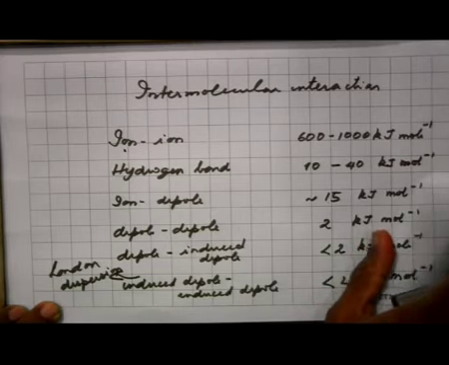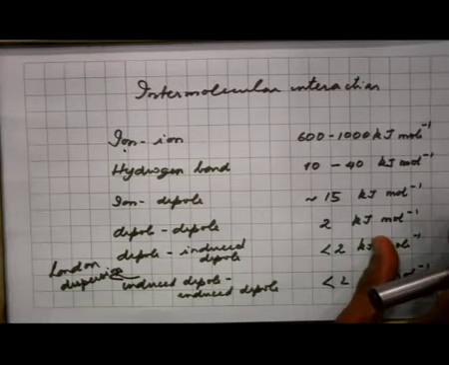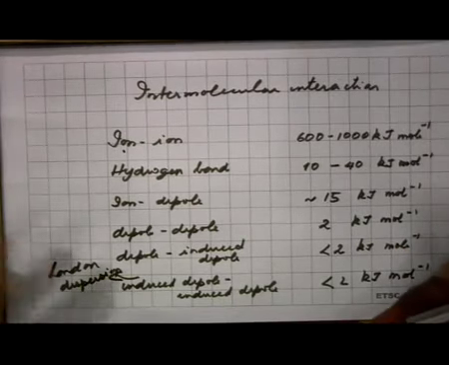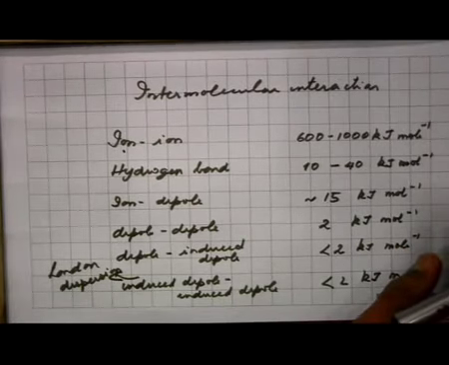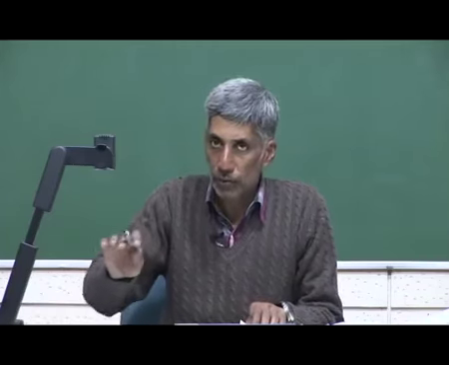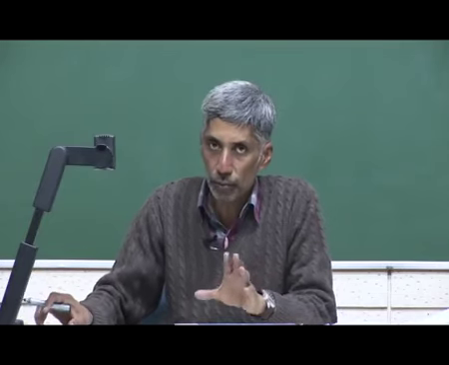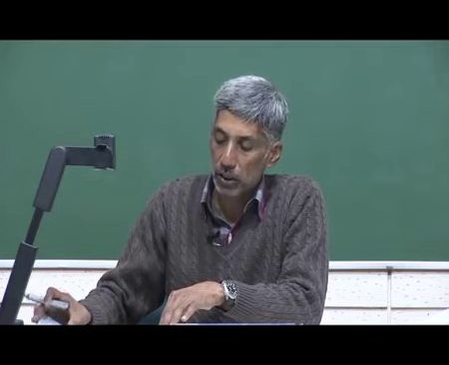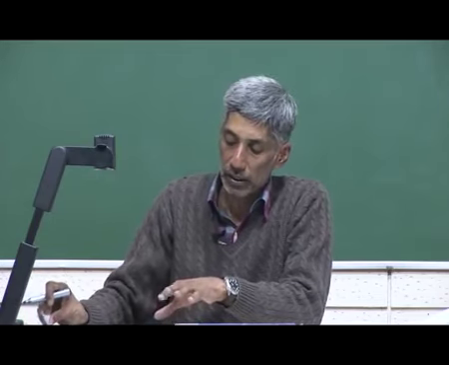These are sometimes called van der Waals forces, because van der Waals, when he designed his equation of state, dealt with intermolecular interaction. So, this gives you a rough picture of the sizes of interactions that exist within molecules in different states of matter.